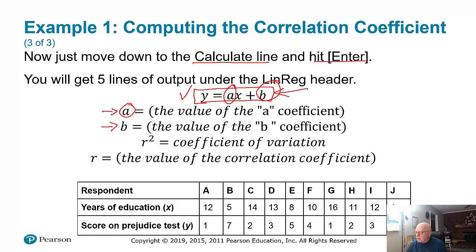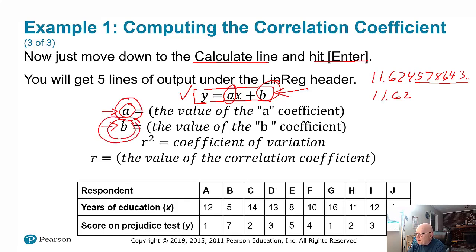Now, if you see something like 11.6, 2, 4, 5, 7, 8, 6, 4, 3, and so on, you might want to just slip that down to 11.6 too. Don't worry about all those other digits. They probably are not significant. So you can reduce the number of digits you're going to use for a and for b. Write down your equation, you're in business.